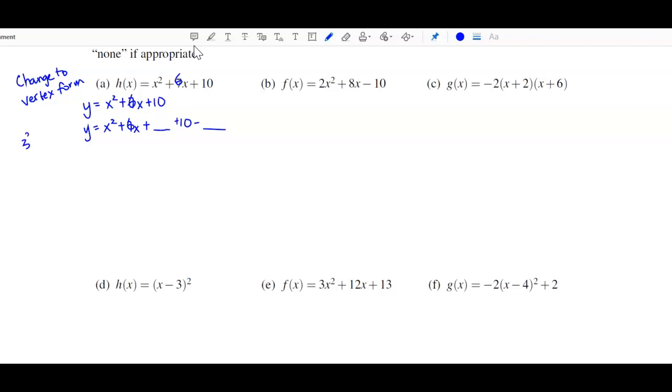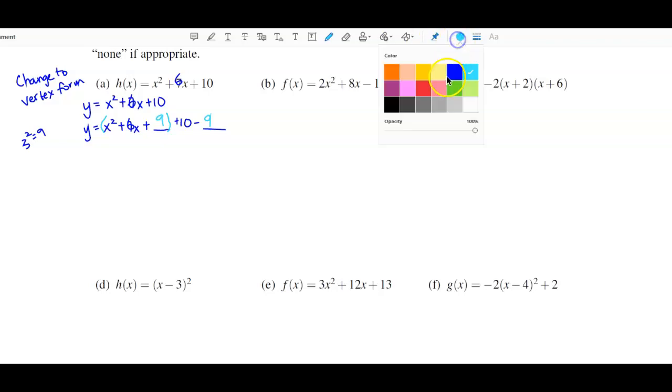Okay, so if this was a 6x here, then remember we find half of that middle term, which is 3, and square it, so that gives me 9. So that is what I'm filling in on both of the blanks here. I'm adding 9 there and subtracting 9 there. These first 3 terms are my perfect square trinomial.